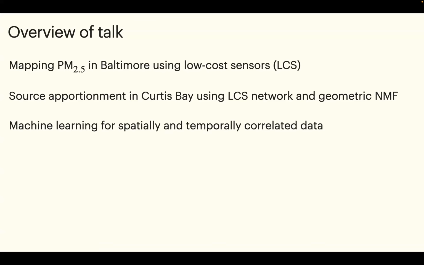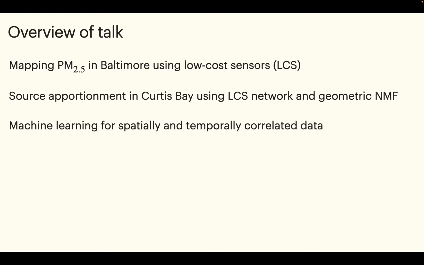So just the three main things that I'm going to talk about. The first one is what the project started with, mapping fine particulate matter in Baltimore using low-cost sensors. Then for the last 1.5 years or so, we have been focused on a particular neighborhood in Baltimore called Curtis Bay, which has a heavy industrial presence along with a densely populated community, and so air pollution is a very significant concern there.